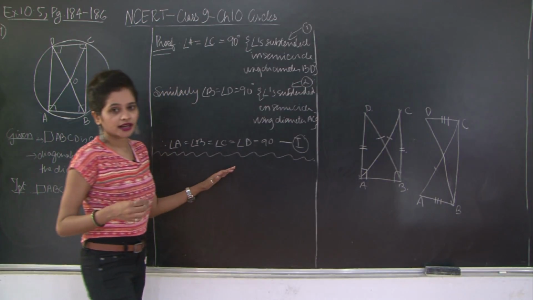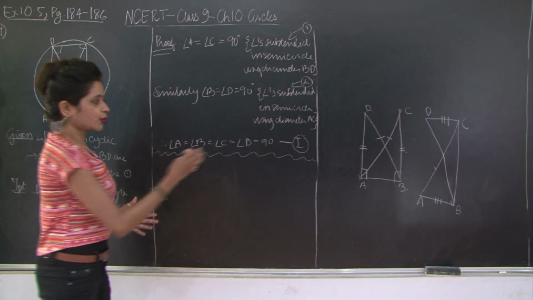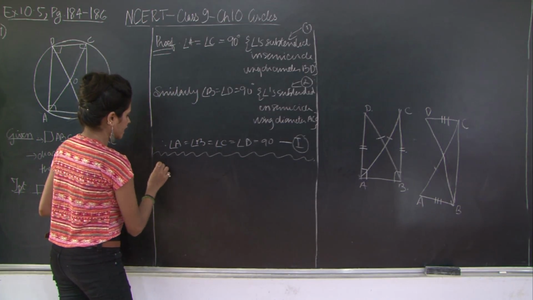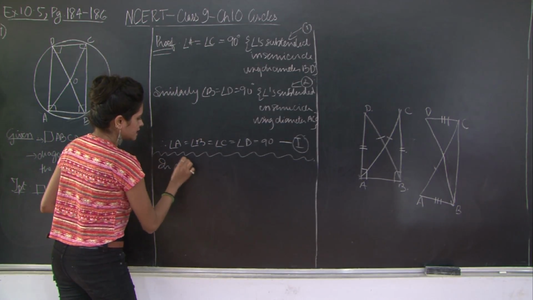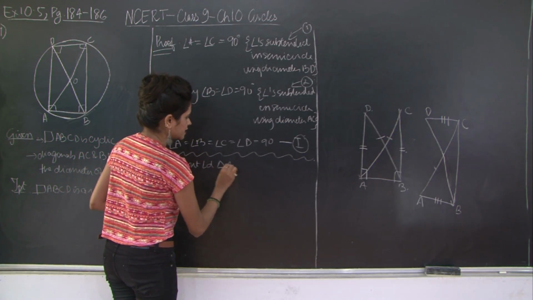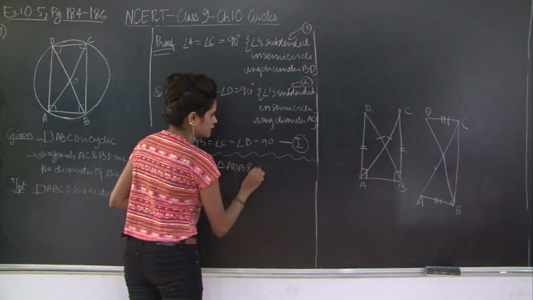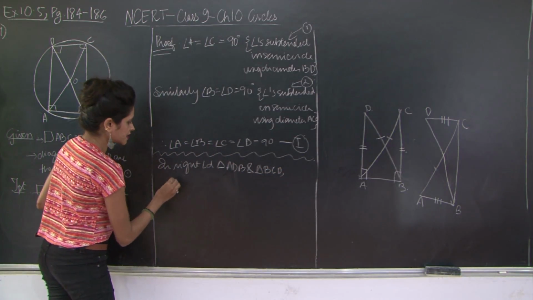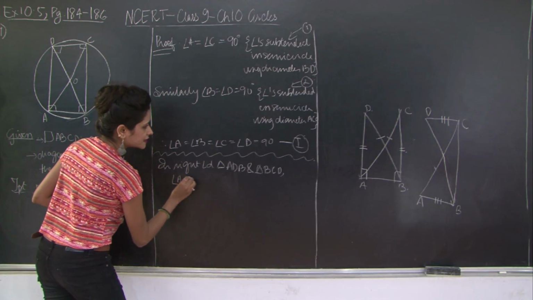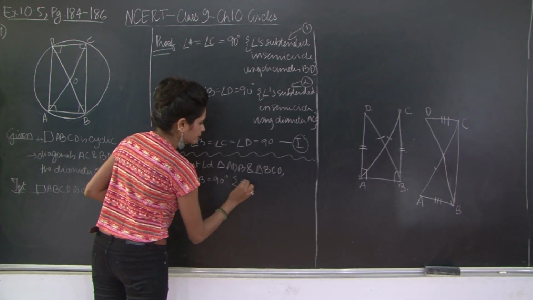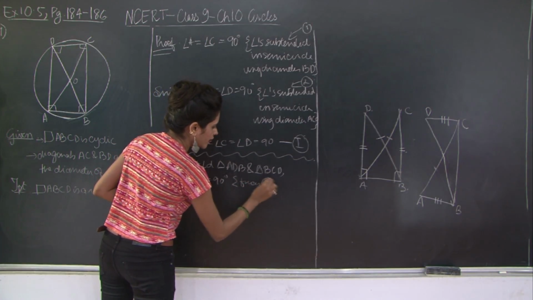Now let's go ahead and write the proof for showing that the opposite sides are equal to each other. So the second part now: in right angled triangles ADB and triangle BCA, I will say angle A is equal to angle B is equal to 90 degrees from Roman number 1.